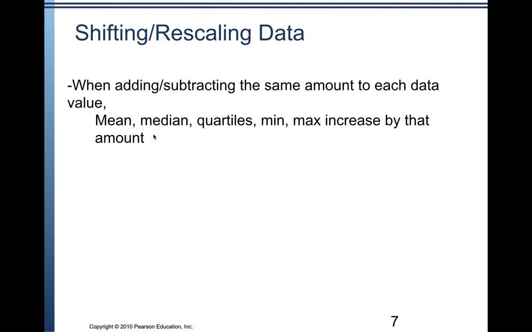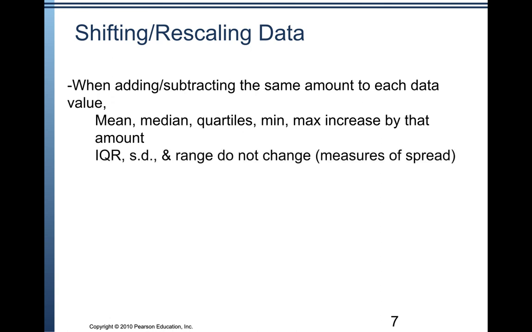So if I were to take all of our cell phone bills and find the mean, the median, and all that stuff we learned about in the last chapter, and add $10 to everyone's bill, the mean will increase by $10. The median will increase by $10. Q1 and Q3, the quartiles, will increase by $10. All of this will increase by that amount. The things that won't change are your measures of spread.